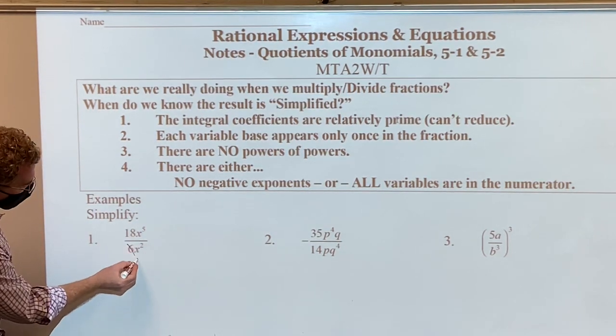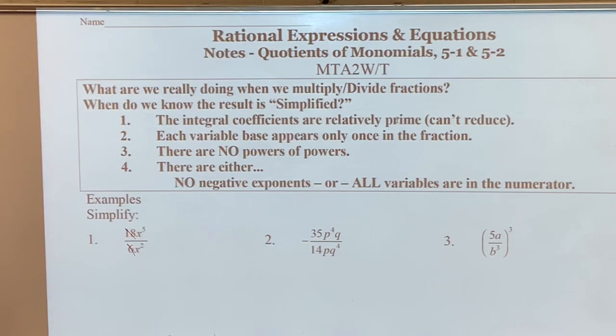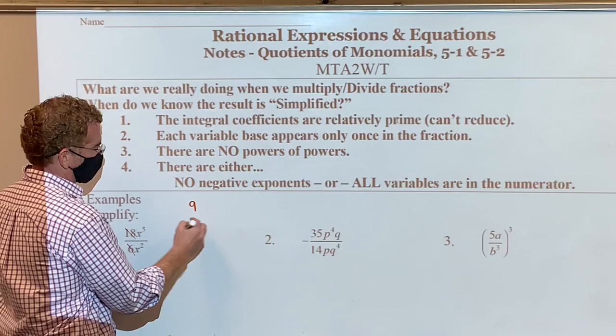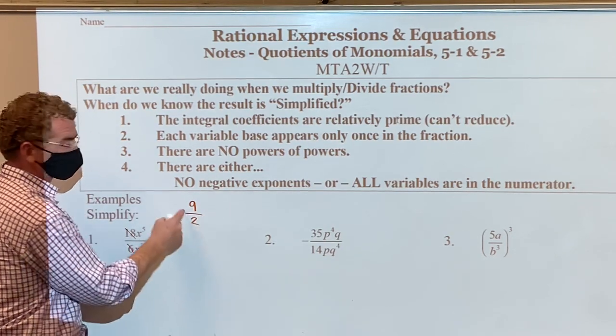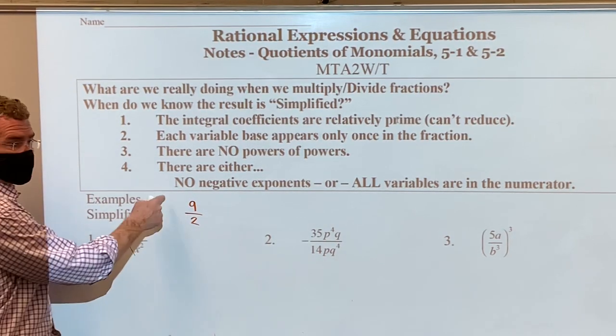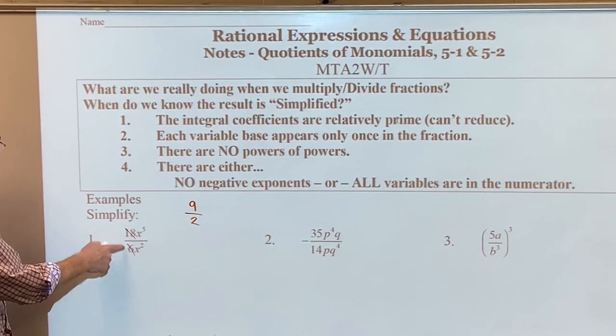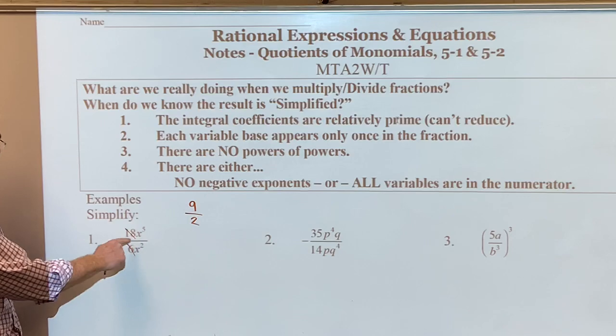Relatively prime means that they don't have a common factor. It really doesn't matter about the prime because 9 is not a prime number, but 9 halves would be relatively prime because they don't share a common factor. And you can see 18 and 6 are not relatively prime because they both share a 6.